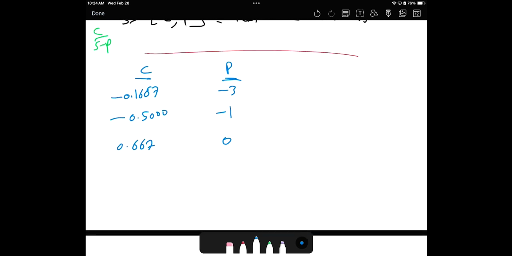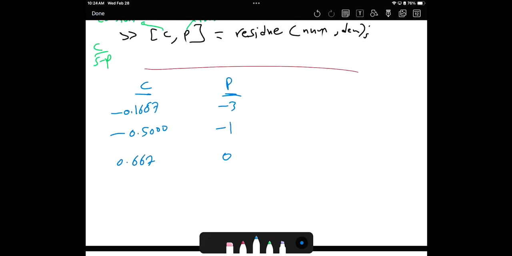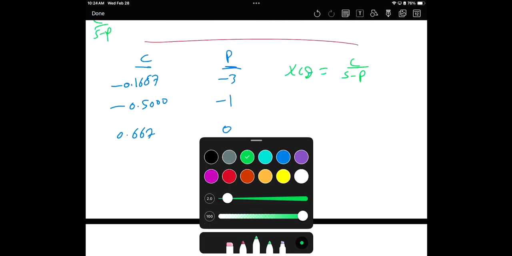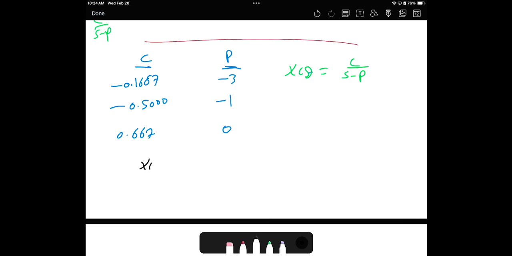The first thing here, X of s is actually C over s minus P. So we can write X of s as it's shown. X of s will be negative 0.1667 divided by s minus negative 3.